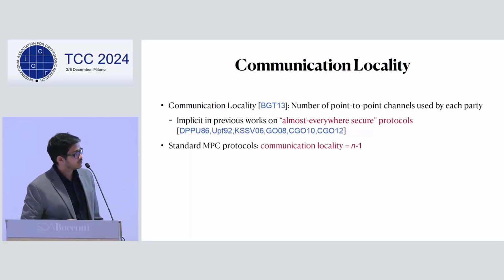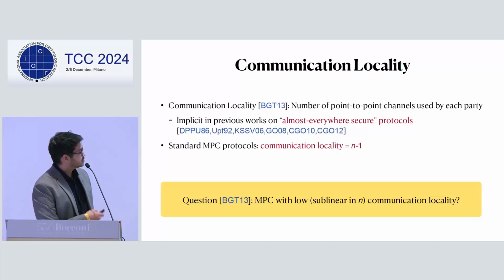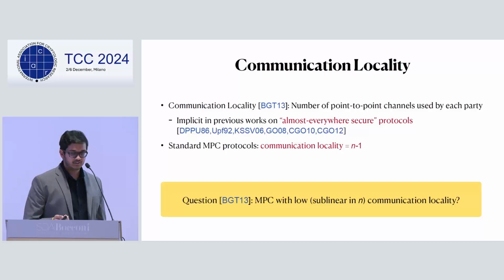In standard MPC protocols, the communication locality is, of course, n-1, because every party talks to everyone else. And the question posed in BGT 13 was, can we have MPC with low communication locality, which is sublinear in the number of parties? I should specify here that this is different from the talk you just heard from Daniel, in which the connectivity was actually linear.